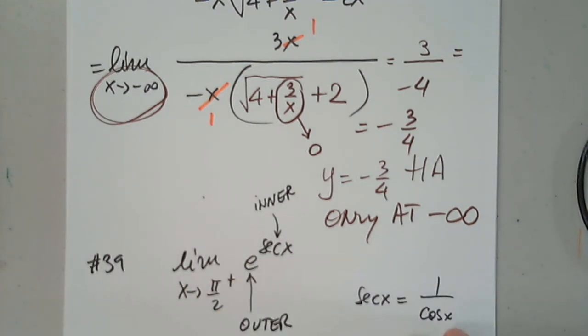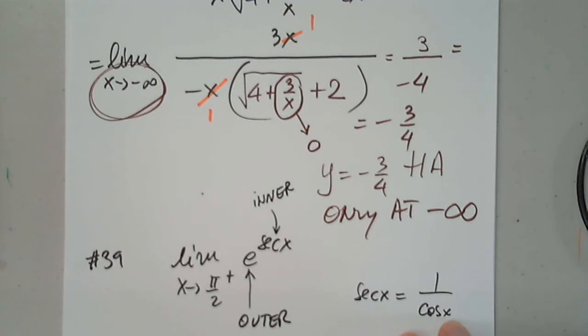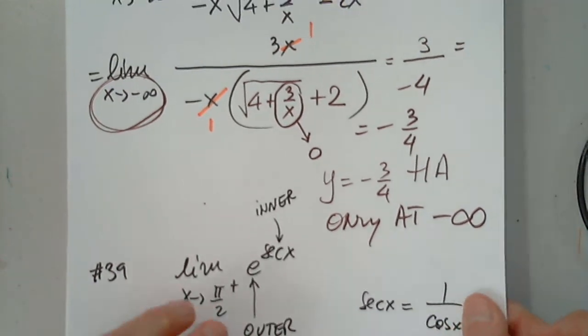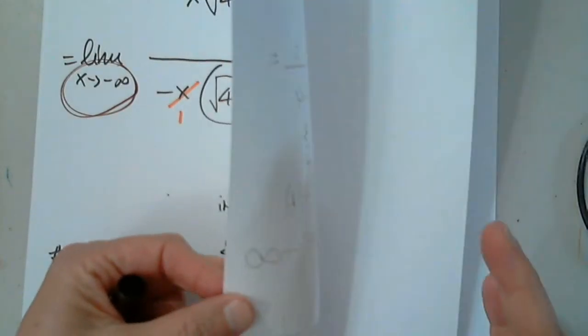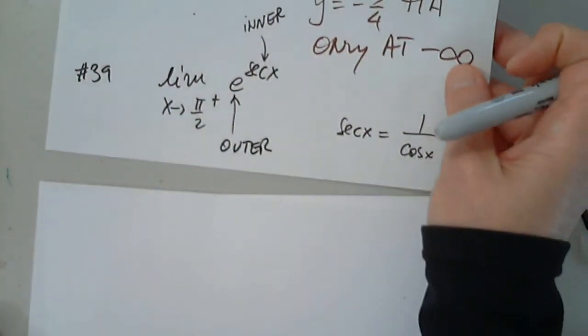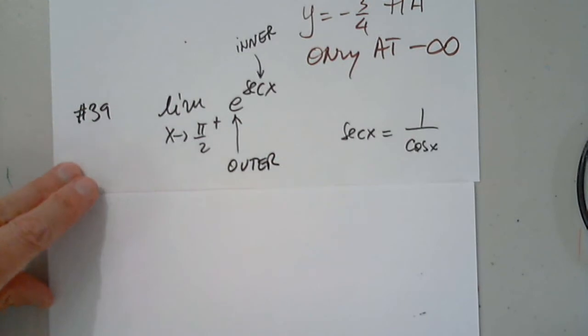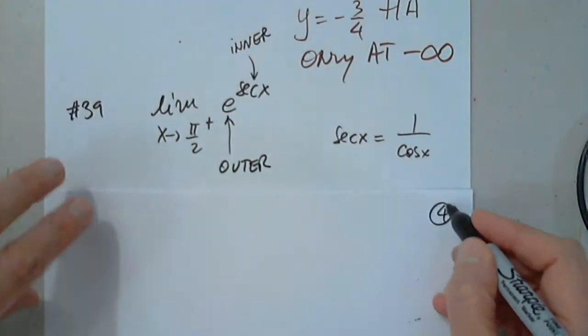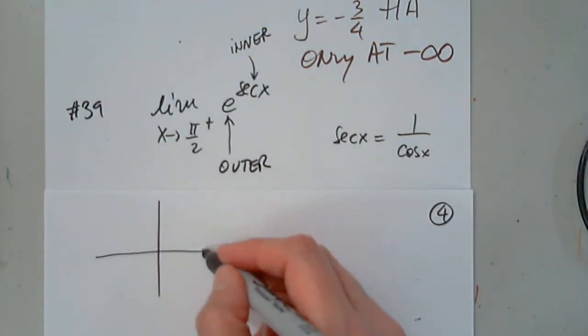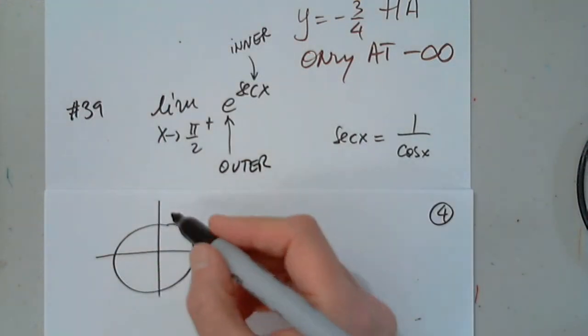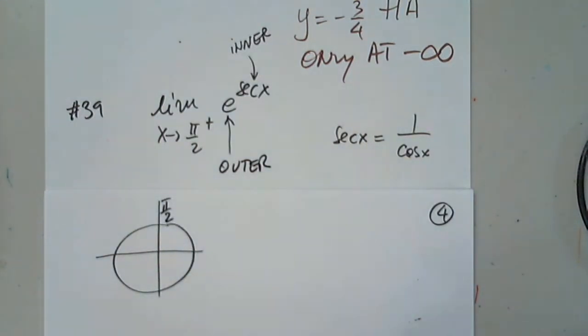So now let's take a look at this. And pi over 2 from the right, we have to picture the unit circle. We know that pi over 2 is up here.